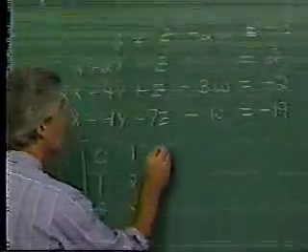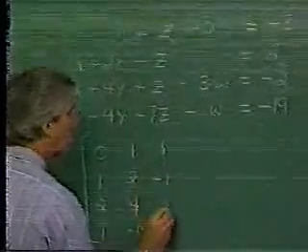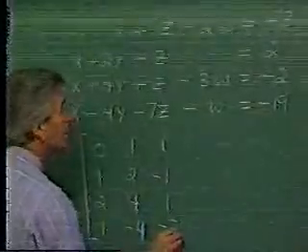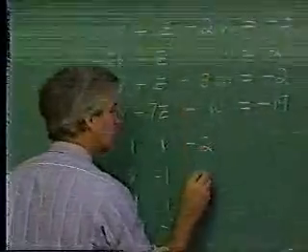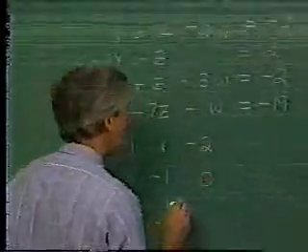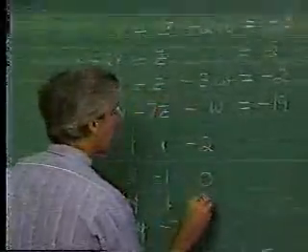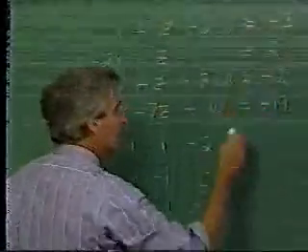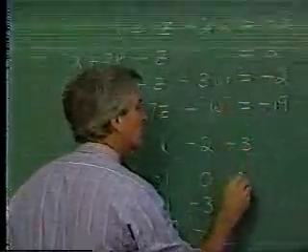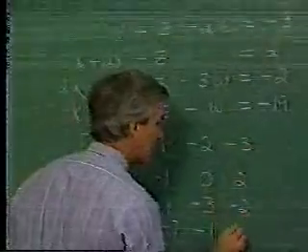Down the z's, 1, negative 1, 1, negative 7. And then the w's, negative 2. No entry here means 0 w's, you see, for that one. And then negative 3, negative 1. The constants: negative 3, 2, negative 2, negative 19.